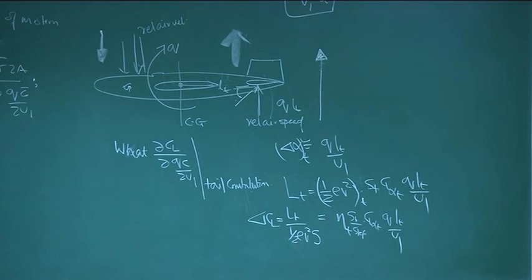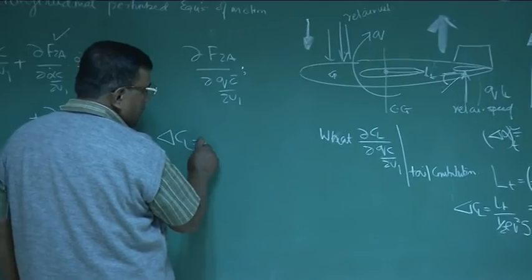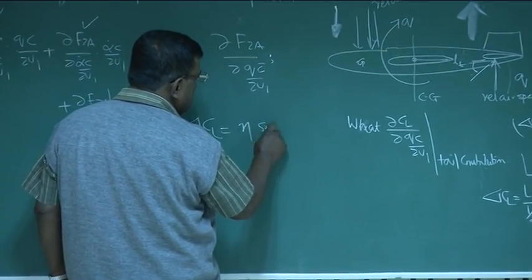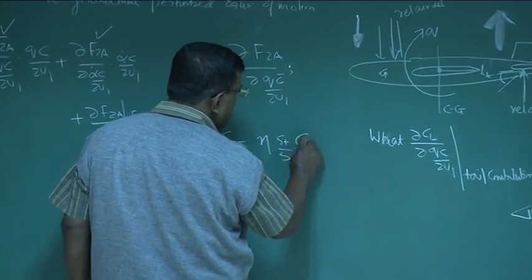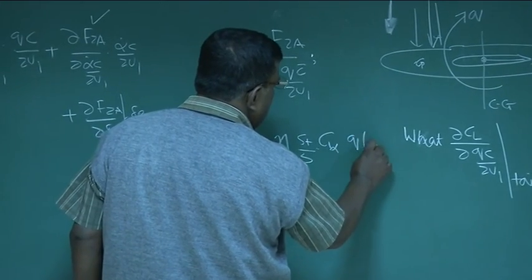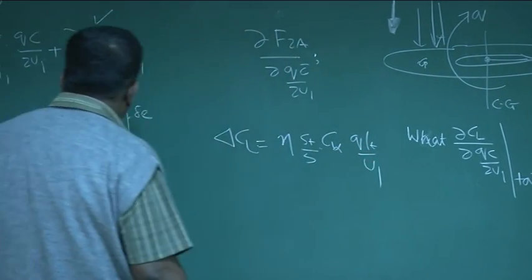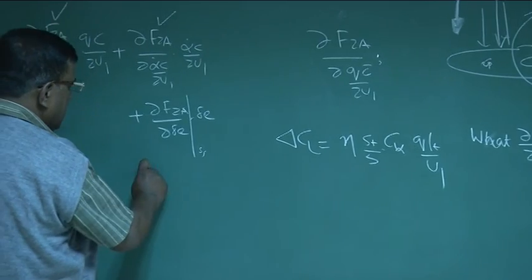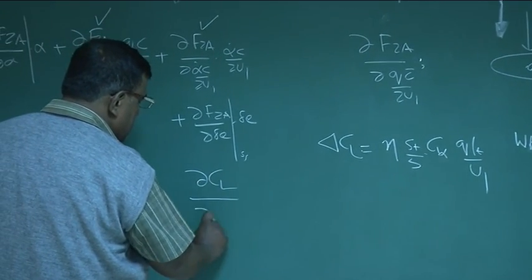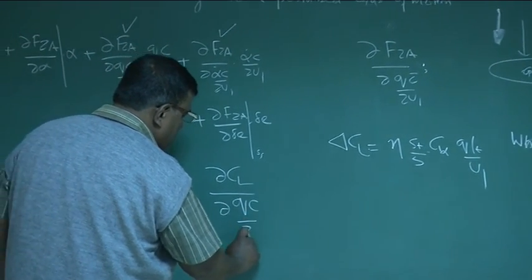You will watch out for that, okay? So now this is delta CL. So we have delta CL equal to eta ST by S reference into CL alpha tail into Q LT by U1. And you know, dCL by d(Qc/2U1) we have to find out.